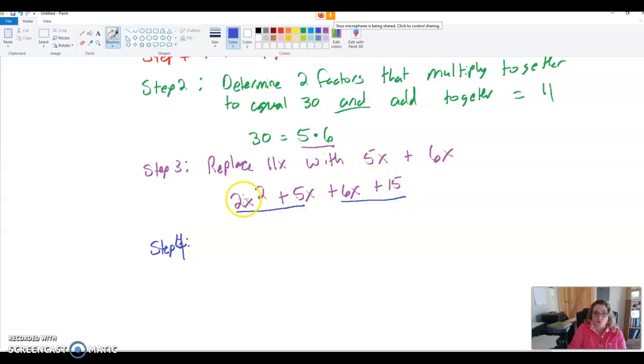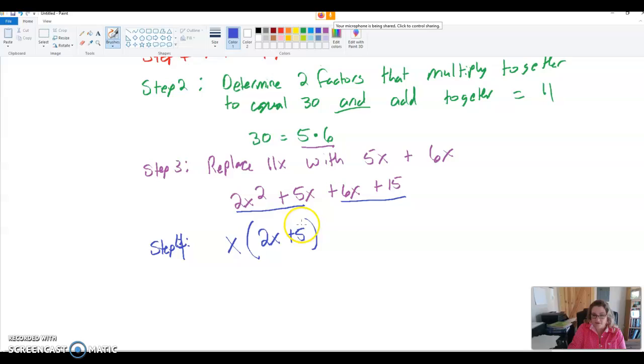And I'm going to look and see, what does 2x squared and 5x have in common? They have an x in common. So I'm going to factor out an x out of this group and rewrite this as 2x plus 5, because I divided the 2x squared by x to give me my 2x, and I divided my 5x by x just to give me my 5.